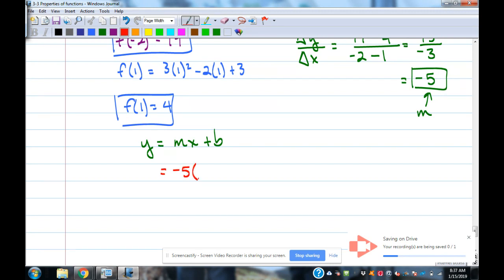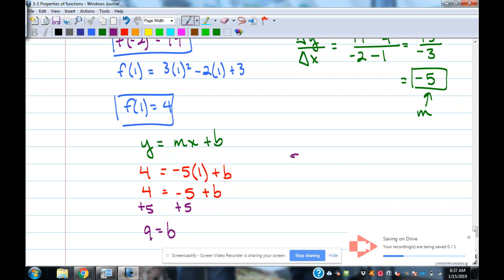I know one of the x values is 1, and the y value that went with 1 was 4. I chose that ordered pair because it was both positive, just so I don't have to introduce another negative sign into the problem. The other ordered pair gets the exact same answer. So that's going to be 4 equals -5 plus b, so 4 plus 5, 9 is equal to b.